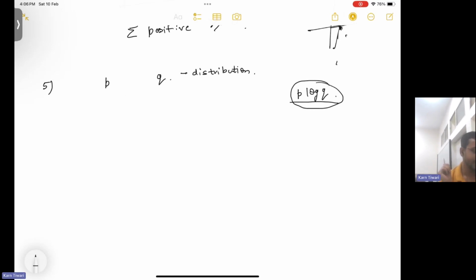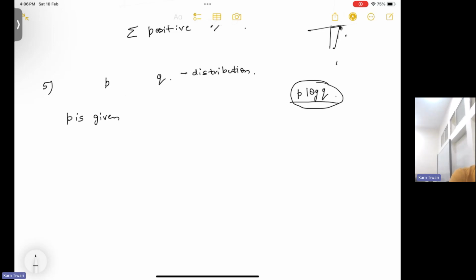P is already given. Just assume P is given, and Q is the variable.